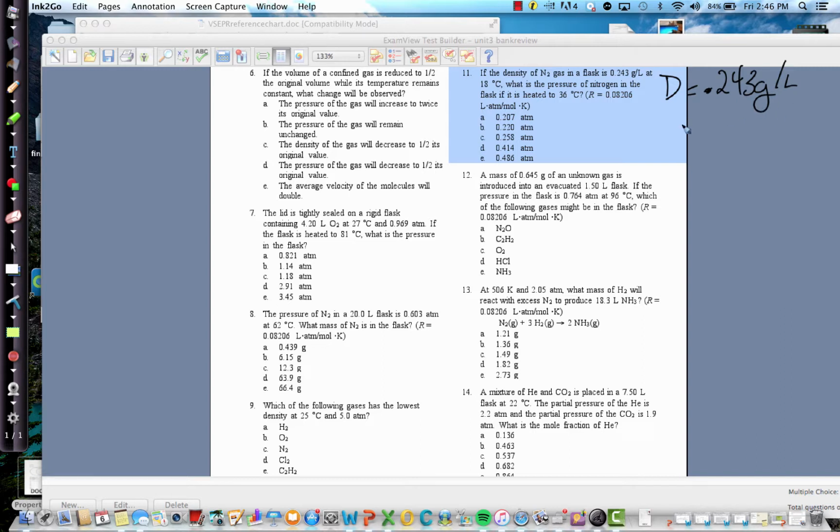Remember, this also means that if I have 0.243 grams of this substance, I have 1 liter of that gas. All right, so I know that temperature, or T1 rather, is 18 degrees Celsius. I'm looking for a pressure here.